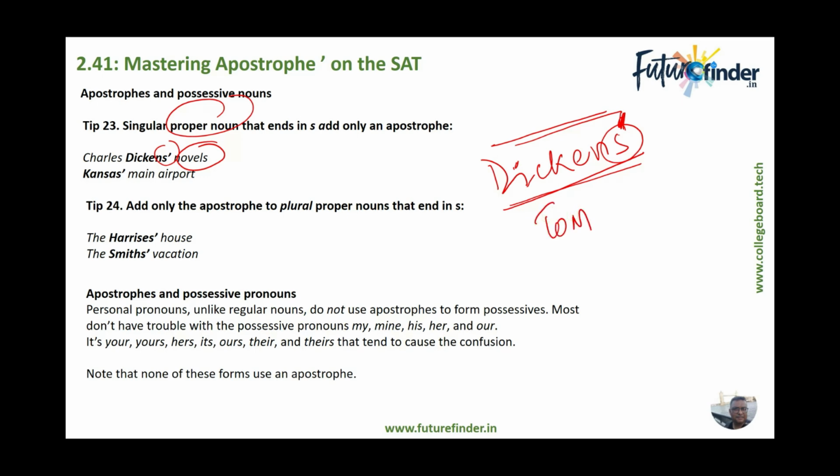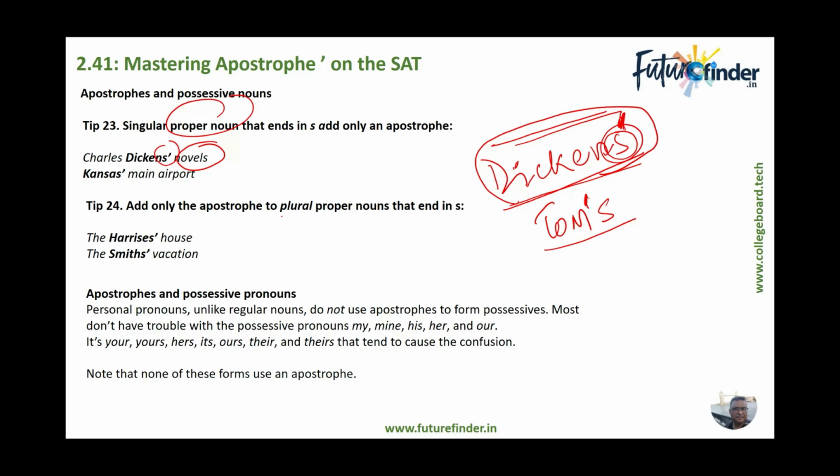For example, Tom. If we are looking at Tom, it has got to be Tom's. Tom and then an apostrophe doesn't signify the possessive of Tom. Tom has got to be Tom's. This rule only applies to proper nouns that end with an S to start with.